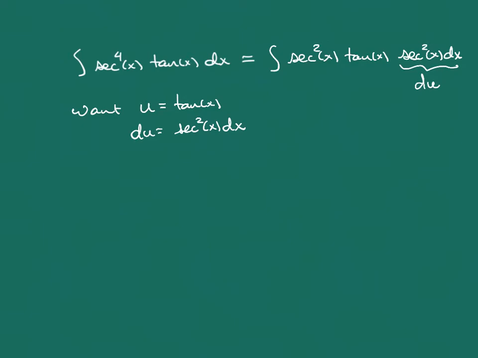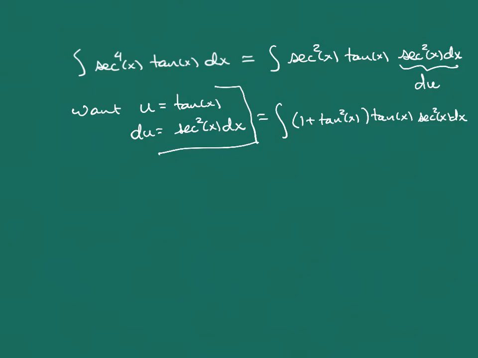We need to convert the last powers of secant into some expression involving tangent. We do that with our trig identity, that secant squared just becomes 1 plus tangent squared. And then we've got our tangent on the outside and our secant squared of x dx.